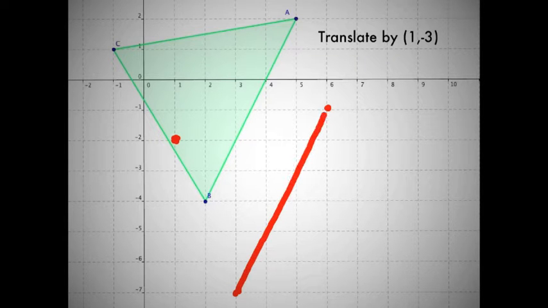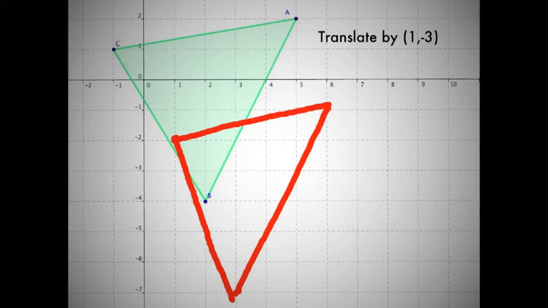And this was our translated shape. So this would be A prime, C prime, and B prime. Not necessarily in that order, probably A prime, B prime, and C prime. So that is how you translate a shape using coordinates that they give you.